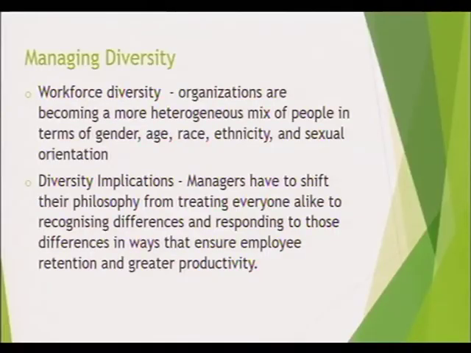So how does organization behavior help with managing workplace diversity? More women in workplaces, more minorities. The workplace diversity, organizations are becoming more heterogeneous, a mixture of people in terms of gender, more women, age, more young people coming in, race, ethnicity, and sexual orientation.